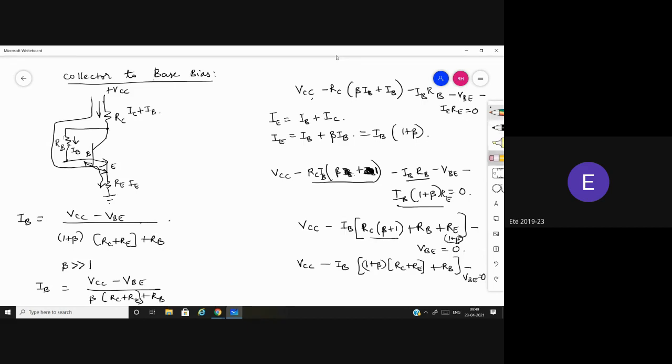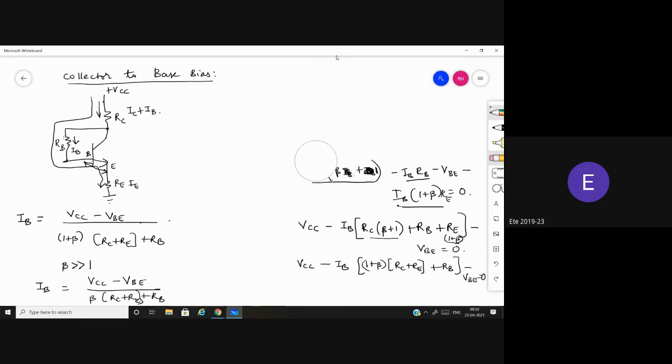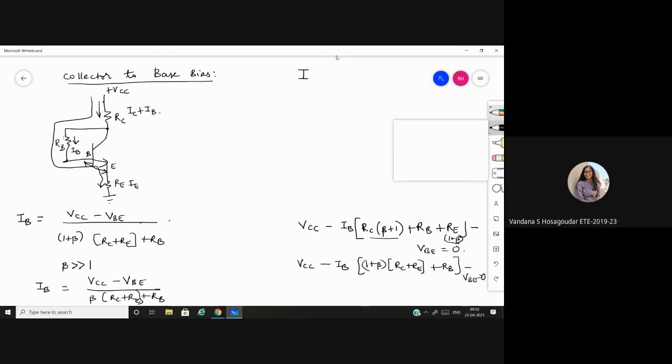Okay. So now in the next step, we are going to find out what is the next step? Usually what we do? We'll find the IC. KVL to outer loop. Before that, we'll find IC, right? Yes, IC is equal to beta into IB.